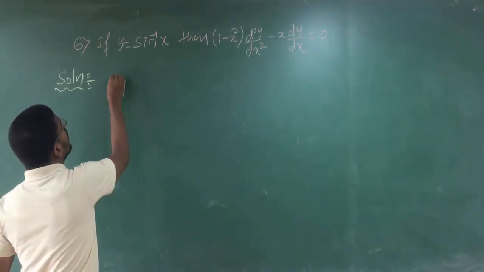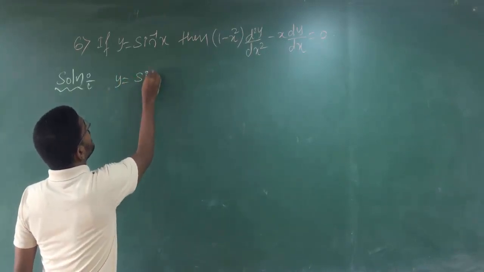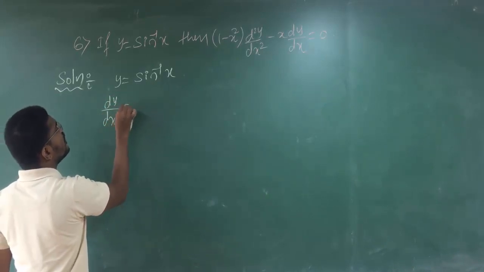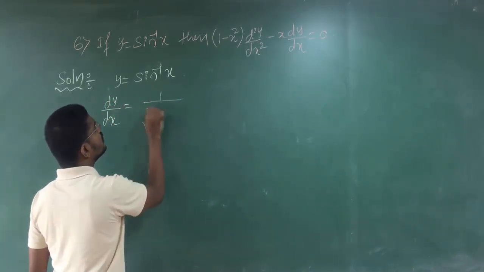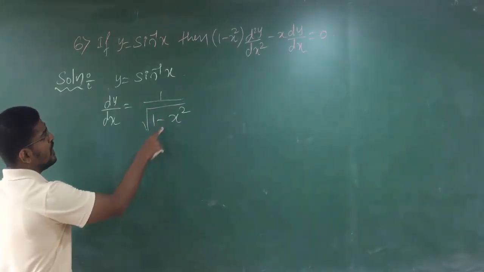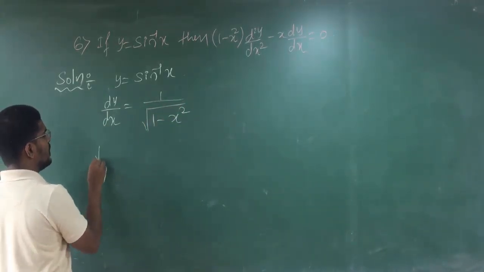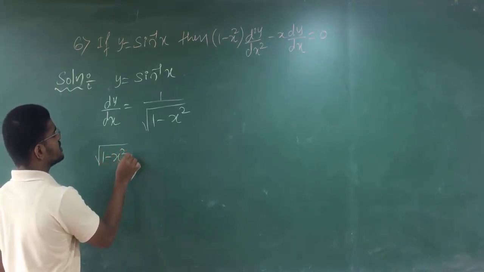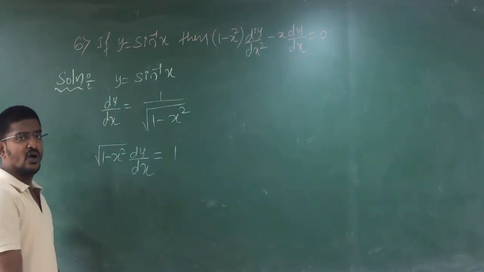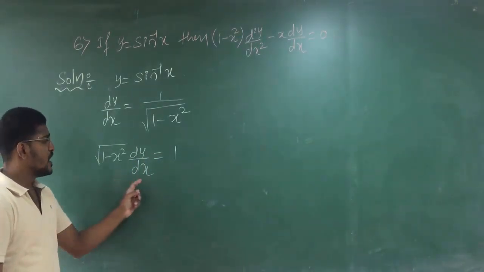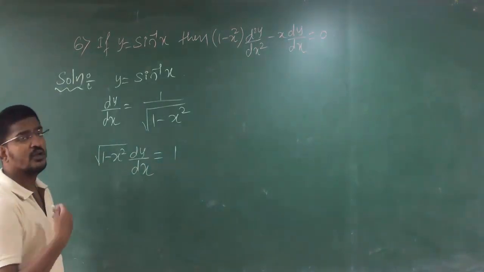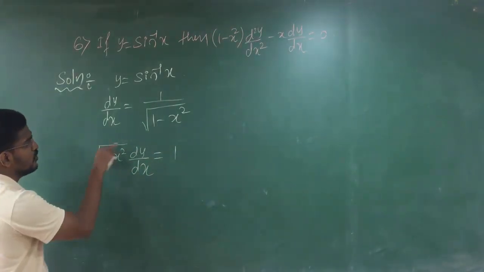So y equal to sin inverse x, differentiating this term, dy by dx equal to 1 by root of 1 minus x square. Now multiply this to LHS, it will be root of 1 minus x square into dy by dx equal to 1. See, again u into v form equal to 1. Clear? Before solving u into v form, let us remove the root.